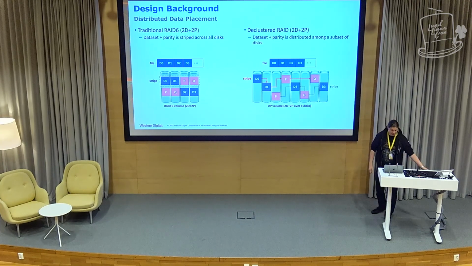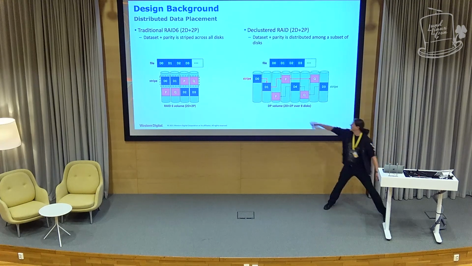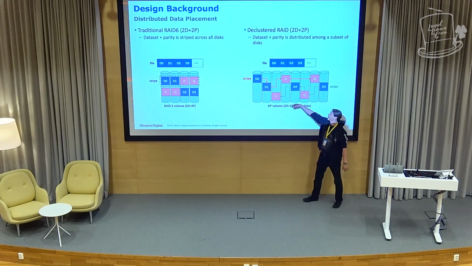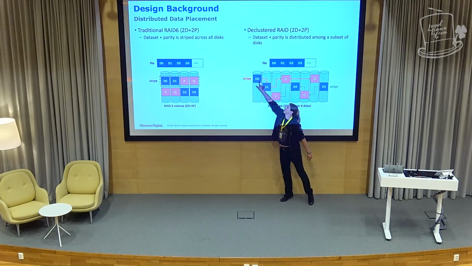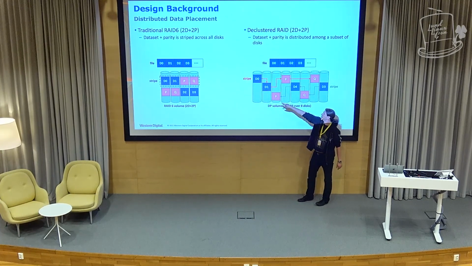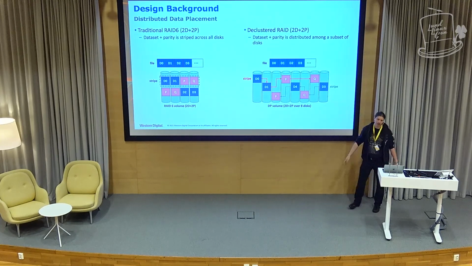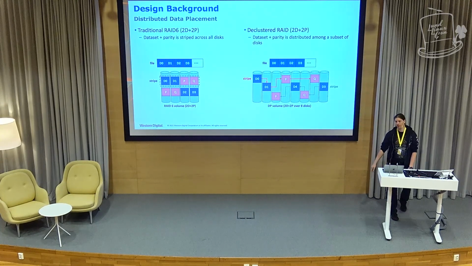So if, say, this disk is failing, you only need to get this parity, which can be calculated from these two disks. So it's two reads to calculate the parity for the new drive. No stress for the other drives. Less likely to have drive failures.